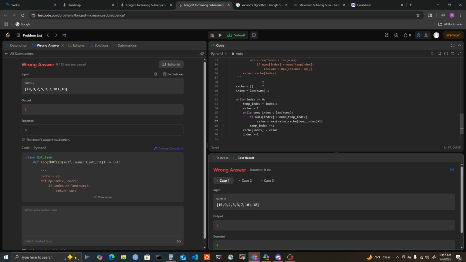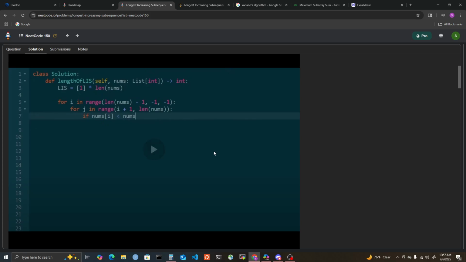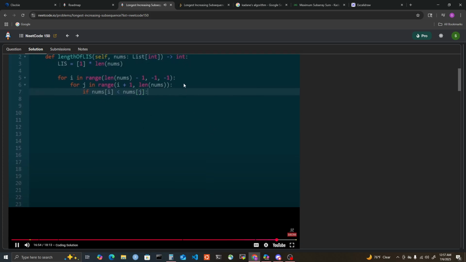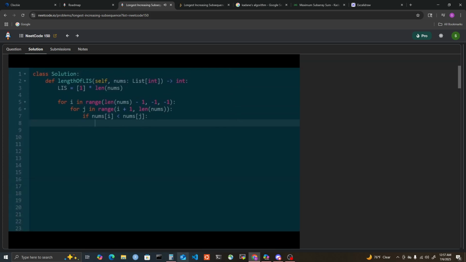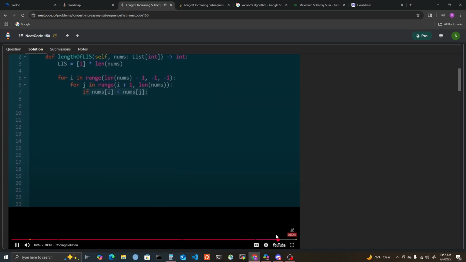Let's see. J, because J comes after it. If we want this to be an increasing subsequence, this condition has to be true, okay?